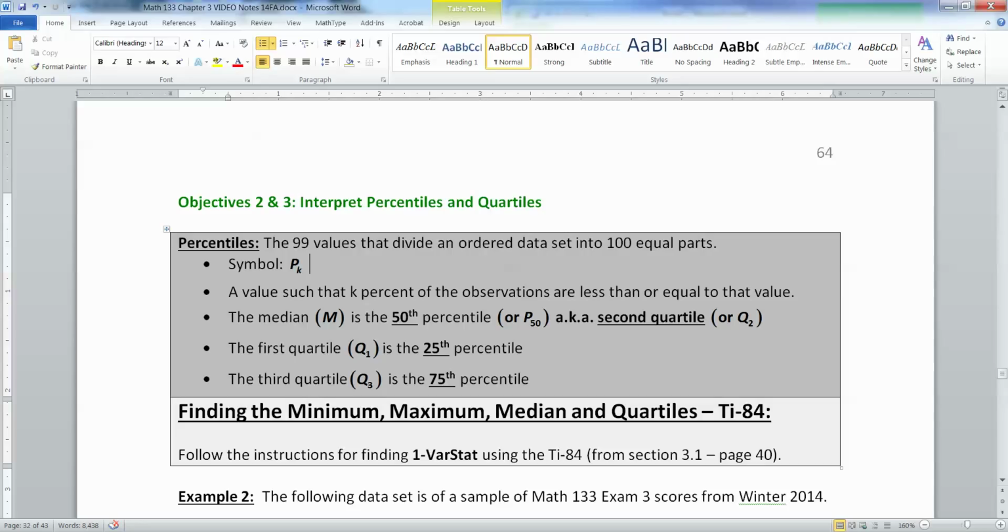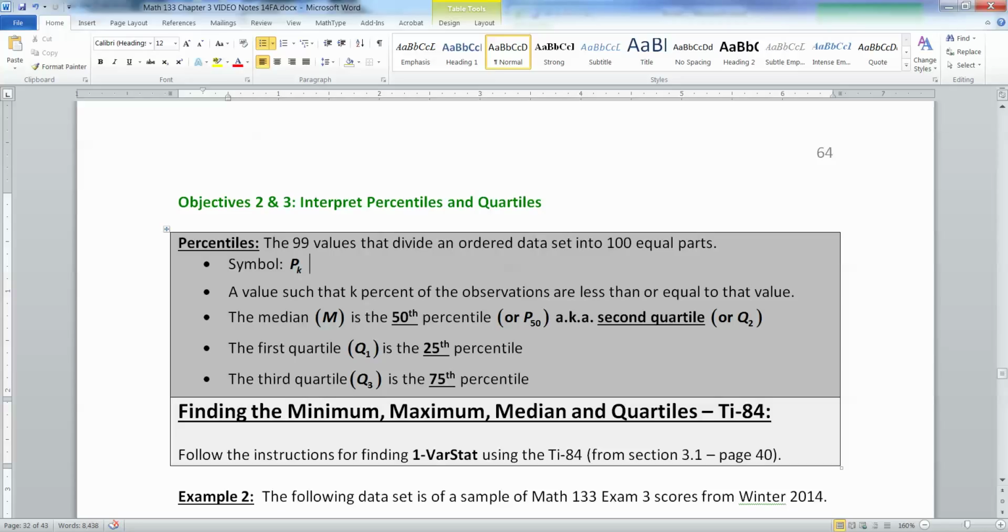Now, we have three very important percentiles that matter more than the rest of them, believe it or not. We have the median, the first quartile, and the third quartile. Now the median we've already run into. It's the same median we saw in section 3.1, and it is the 50th percentile. So the symbol for that would be P sub 50, right?